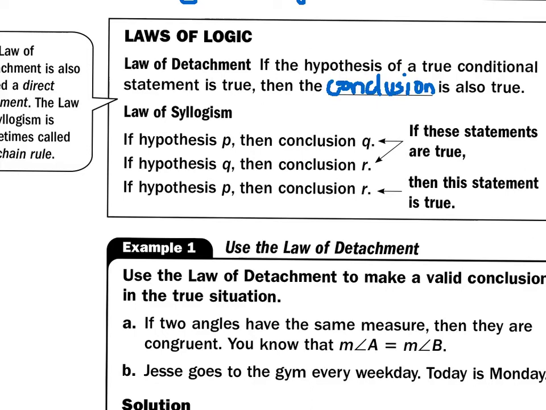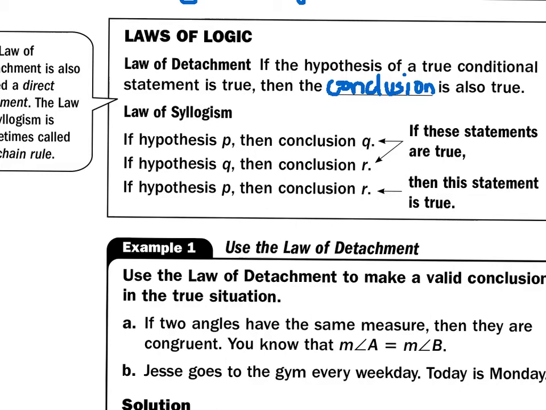So if a shape is a quadrilateral, then it has four sides. And then I could write a second statement that says if something has four sides, then it has four angles.